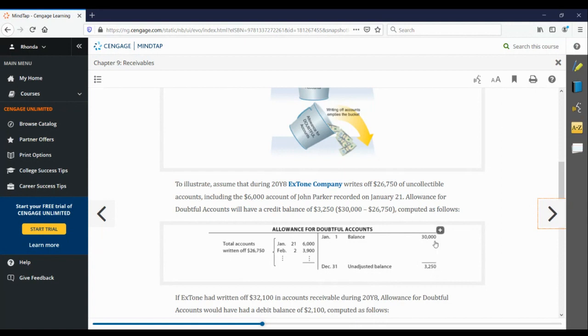Again, the beginning balance, $30,000, was brought forward from the ending balance last period. It becomes the beginning balance this period, and then we write off our accounts, which totaled $26,750. So there will be a remaining balance in the allowance for doubtful accounts at the end of the accounting period of $3,250.